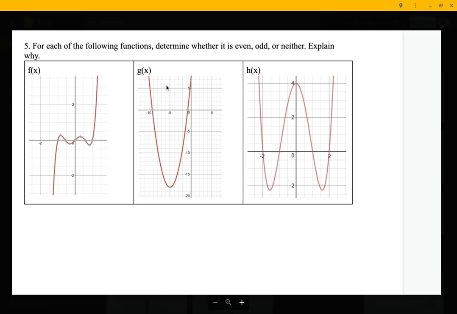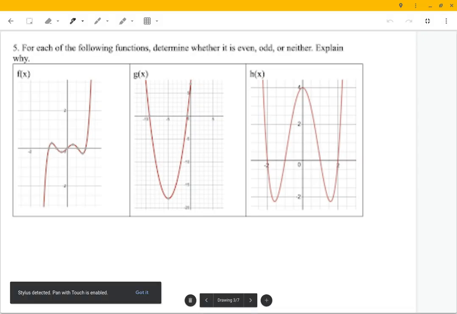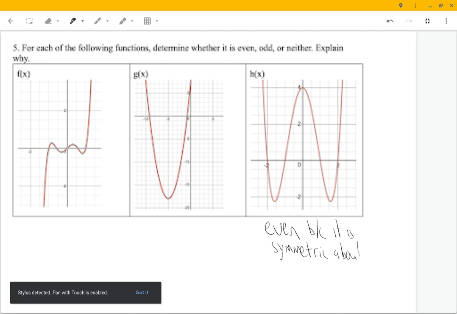Are any of these symmetric about the y-axis? The only one that looks symmetric about the y-axis is this one right here, h of x. So this one is going to be an even function because it is symmetric about the y-axis.